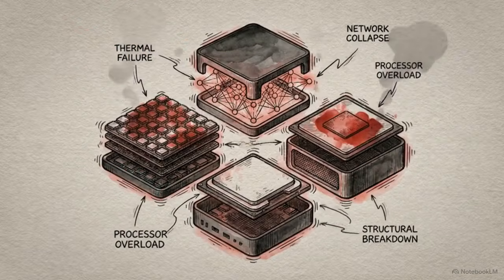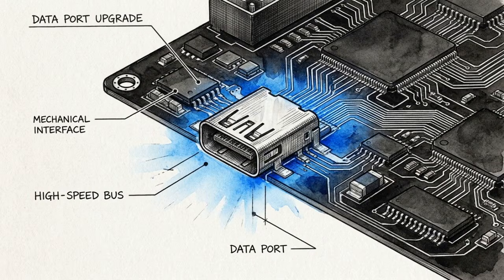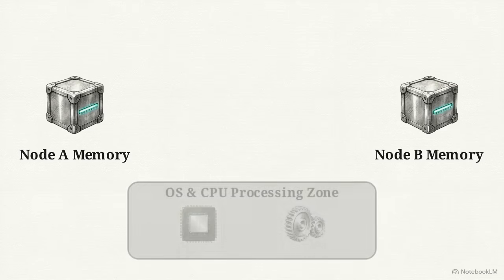In December 2025, Apple altered this computational landscape with the release of macOS Tahoe 26.2. This update introduced native, kernel-level support for remote direct memory access over Thunderbolt 5. Remote direct memory access allows one machine's GPU to directly read and write to the memory space of an adjacent machine's hardware.